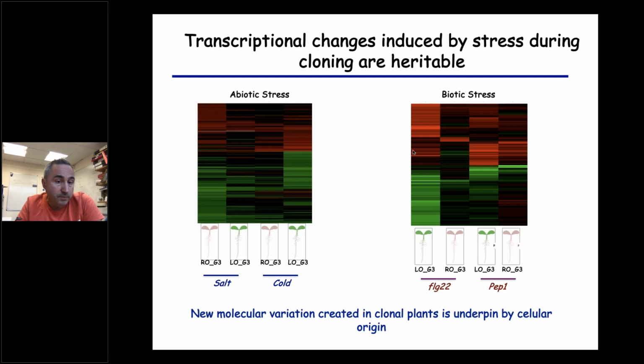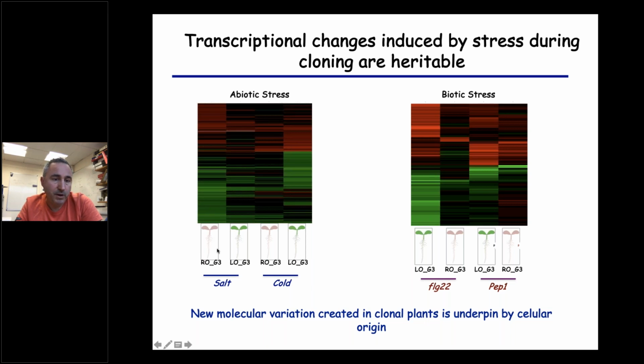And the answer is yes. So when we look at transcriptional changes, which here I'm not showing you the direction, I'm just showing change, what we find is that when we expose plants to abiotic stress and then we clone plants from there and propagate them over 3 generations, we look at the transcriptome in leaves, all this work is in leaves.